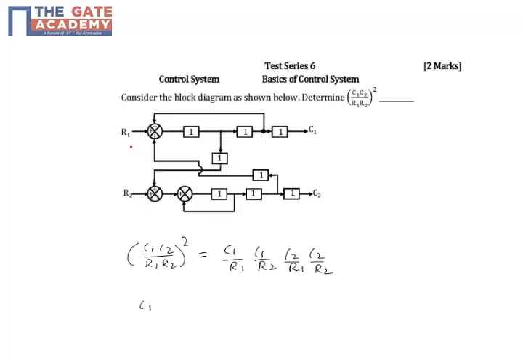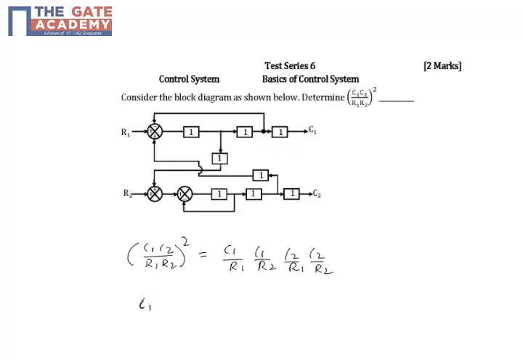Now, in order to determine the transfer function C1 by R1, since I am going to consider C1 as the output and R1 as the input, I have to first determine the number of forward paths, leading from R1 to C1. There is only one forward path, along this straight line, having a gain of 1.